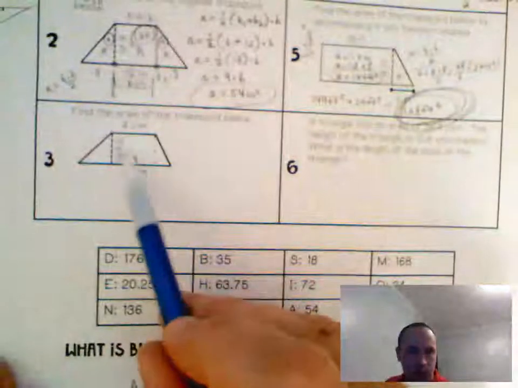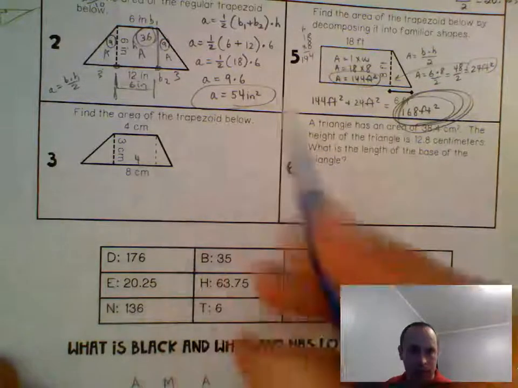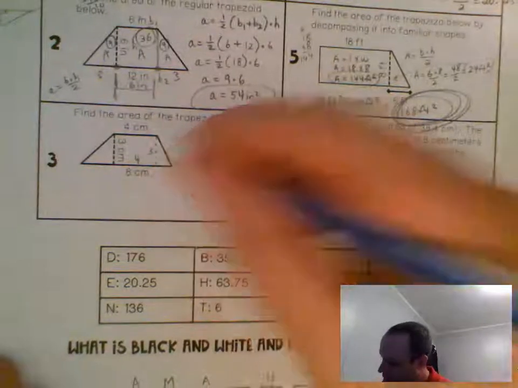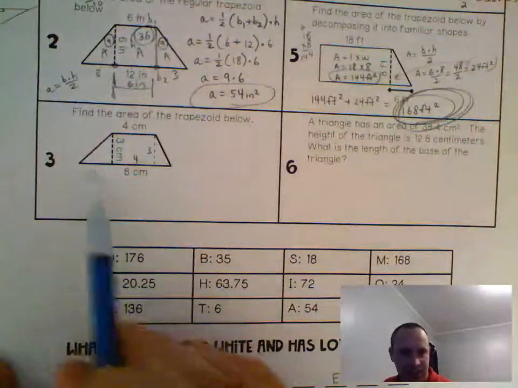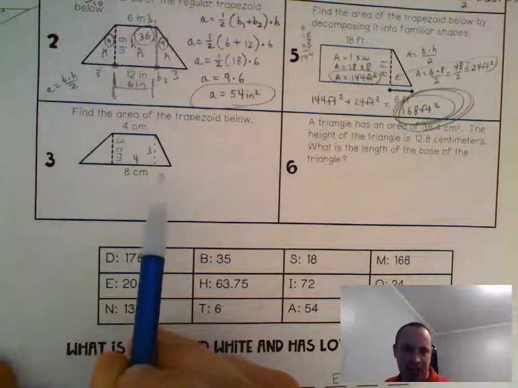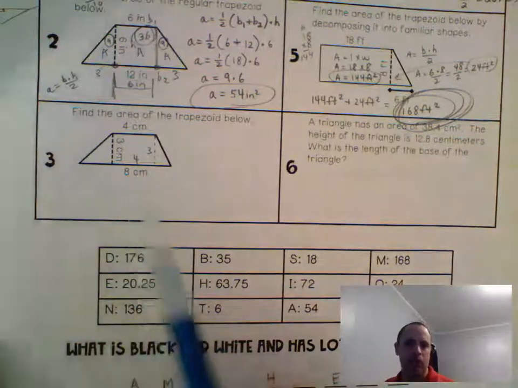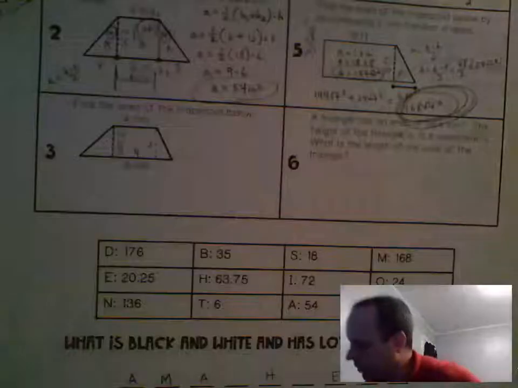So if this is 4, we know this is 4. And we know this is 3. But we'd have to be guessing at this number and this number. Because although the whole thing's 8, we can't just say, well, we think that this one's a 1 and that's a 3. It would just be speculation. So for number 3, you're going to have to use this formula.